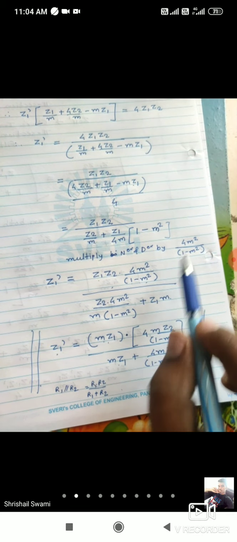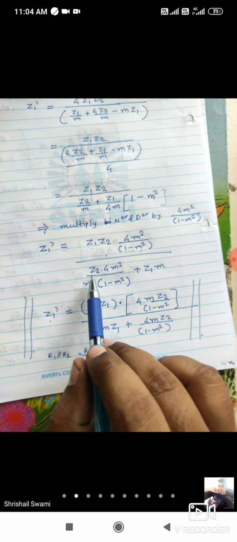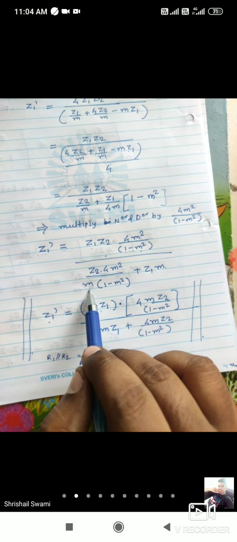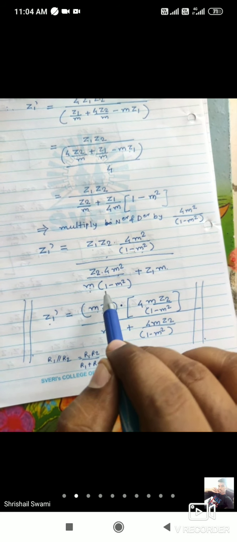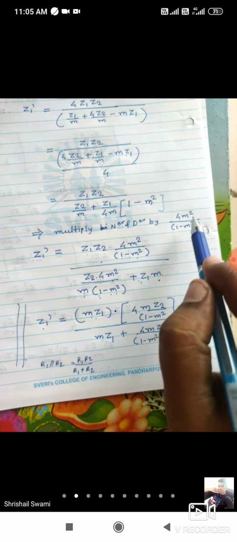Multiply this factor 4m square divided by 1 minus m square. This step you can just remember. So if you are multiplying this factor here, that will be the Z2 into 4m square divided by m. This Z2 by m as it is, 4m square divided by 1 minus m square is multiplied here. So here what is remaining? Z1 into m. This factor you have to understand, that is multiply numerator and denominator by this factor.